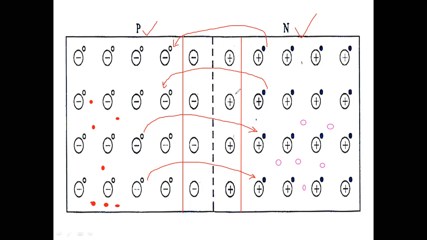So what really happens is this electron wants to move towards the p side, but the negative charge accumulated here will repel the electron, since the electron is a negative charge particle. Okay. So what will happen at room temperature? Electrons will move from the n side to the p side. Holes will move from the p side to the n side. Okay, the process is over now.